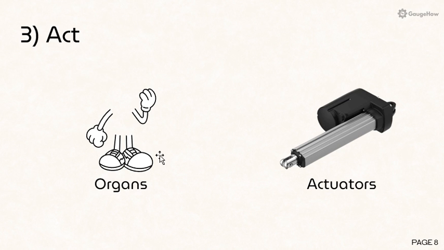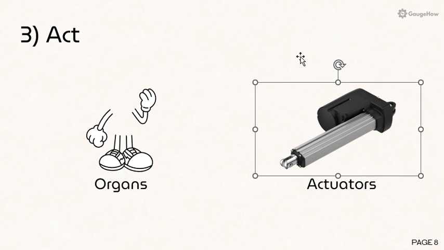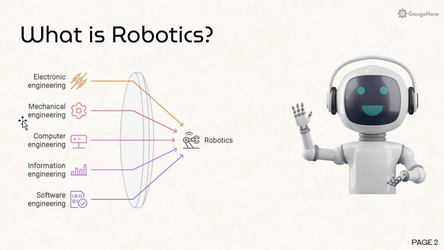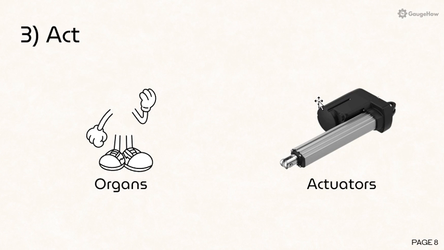Mechanical persons can understand this better. So now I hope you understand why it is important to have knowledge of electronics, mechanical engineering, computer engineering, information engineering and software engineering. I hope the concept of what is robotics is clear over here.